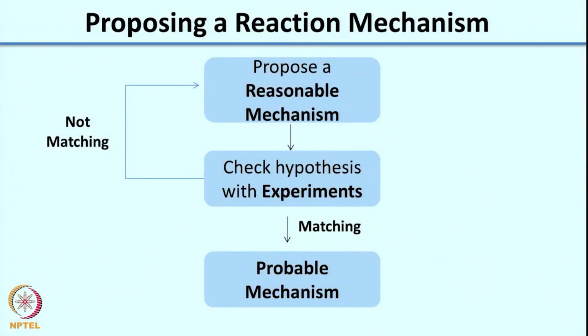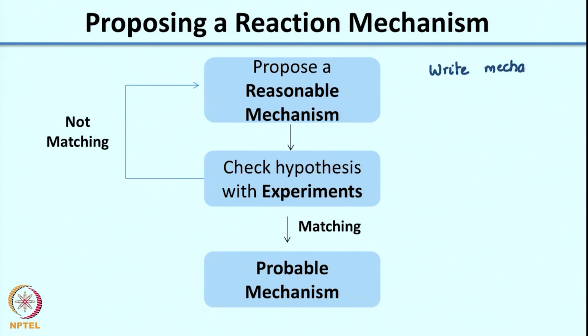So, with this we end the part where we looked at reaction kinetics. If you remember at the very beginning of the class, I told you that whenever you want to propose a reaction mechanism, the first thing you should be able to do is write reaction mechanisms.